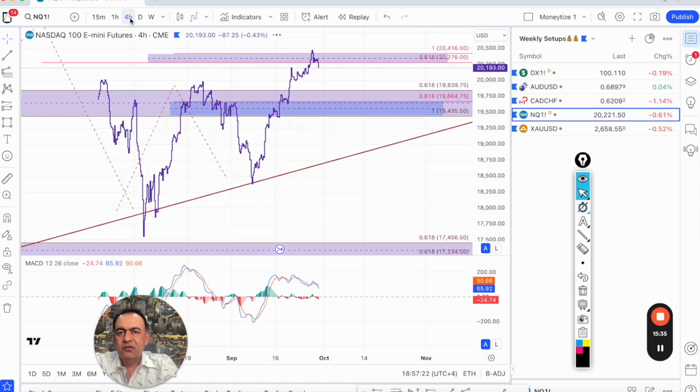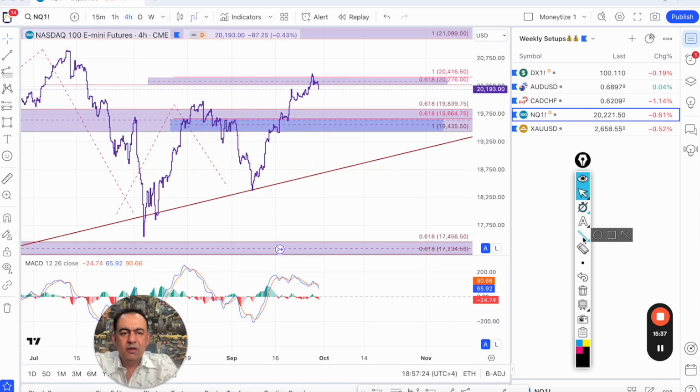Moving to the 4H chart. Here, because we are right now in the magnet resistance area, this is creating some bearish pressure, exhaustion in the buyers. I can see higher highs being formed with bearish divergence, but the BOS is not yet done.